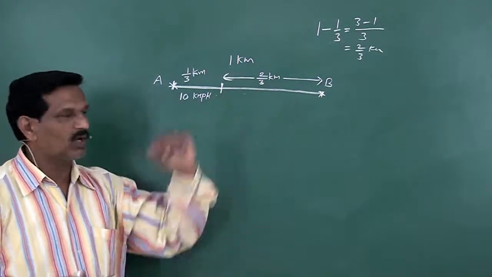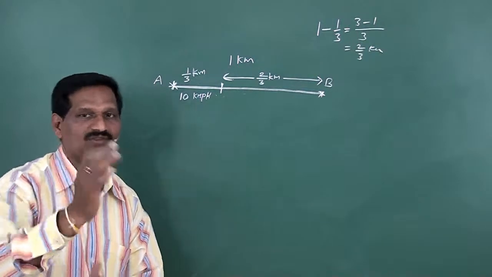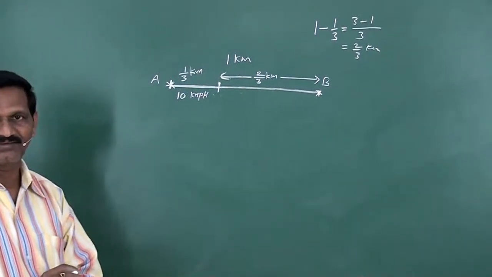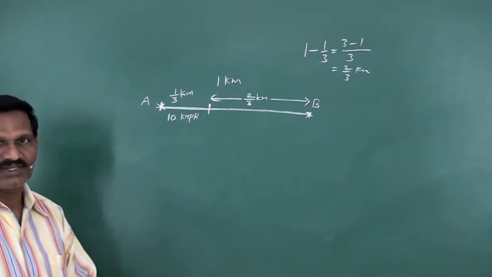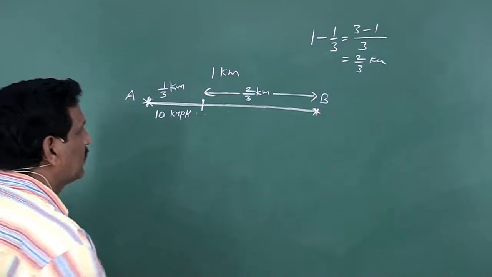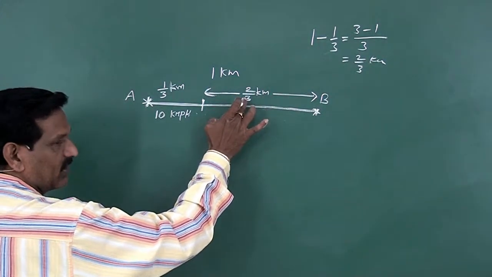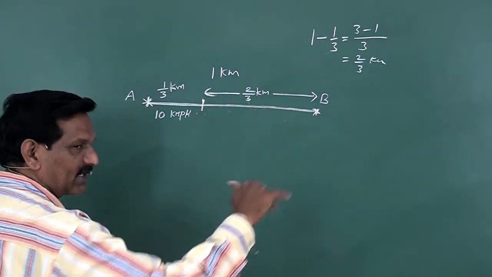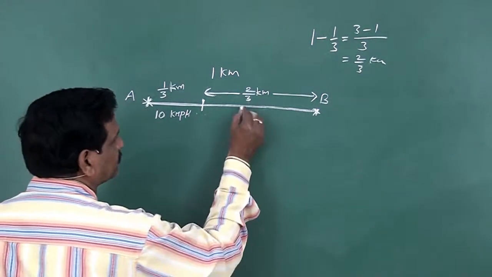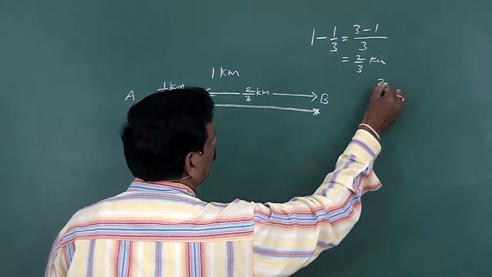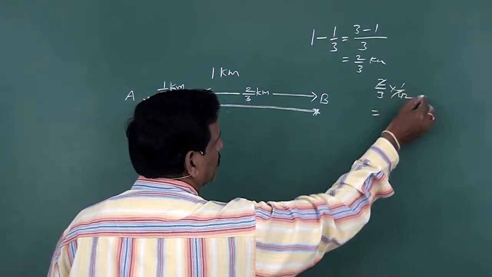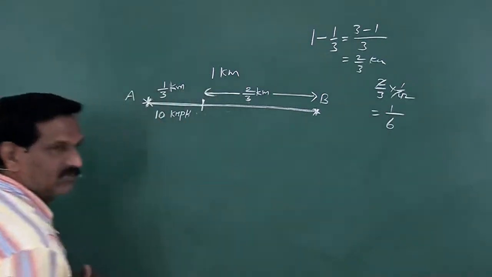Out of this 2/3 kilometer, again you have to take 1/4. So 1/4 of 2/3. Next 1/4 means 1/4 of the remaining distance. Here the remaining distance is 2/3. Out of this 2/3, again we have to take the 1/4 value. 1/4 value means 2/3 into 1/4, which is 1/6.